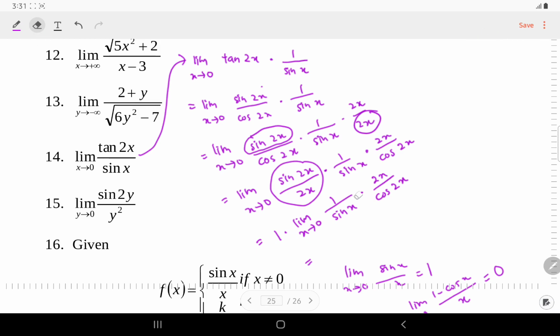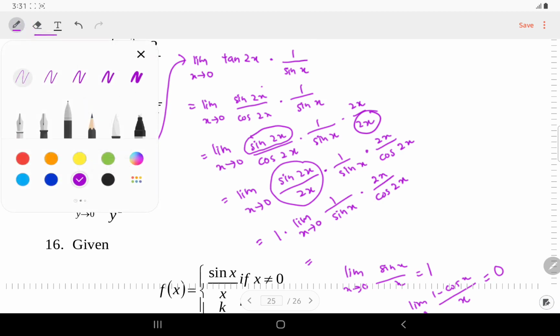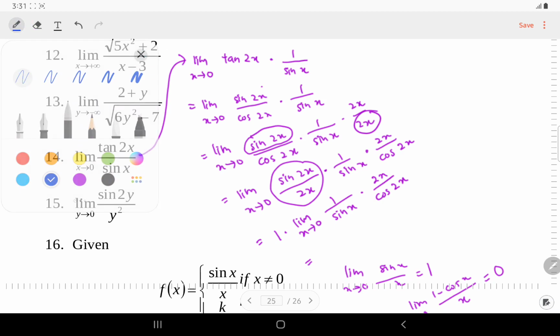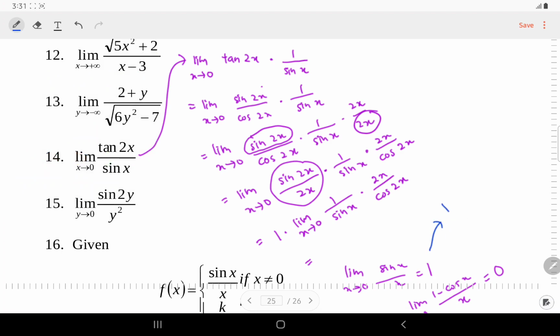Okay, kalau awak nampak kat sini, actually this squeezing theorem, the first squeezing theorem, kalau kita buat limit x tends to 0 for x divided by sin x, it also will become 1.